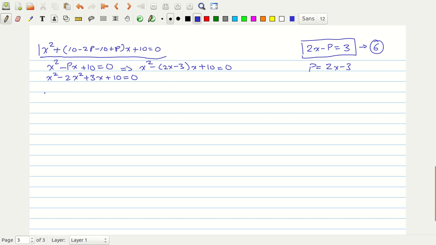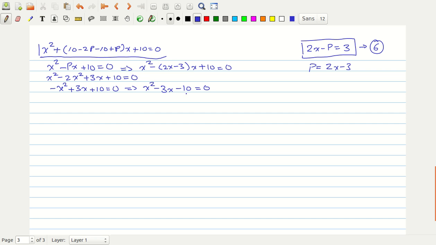So, minus x square plus 3x plus 10 is equal to 0, means that x square minus 3x minus 10 is equal to 0.